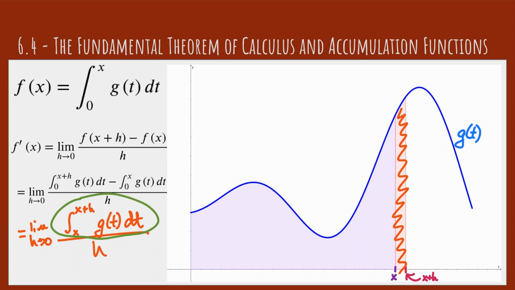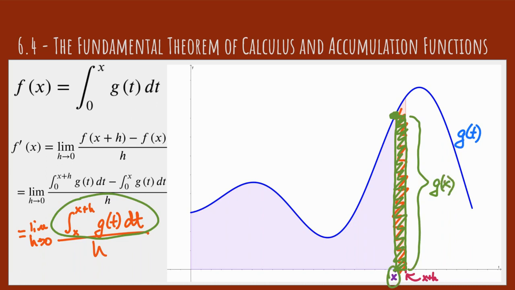I'm not going to go through an entire formal proof of this fundamental theorem, but if we look at that area right there, remember we approximated areas using rectangles, so I'm going to approximate it using this rectangle right here. Notice that I use the height of g of t here. So the height of that rectangle is going to be g of x, because the x coordinate is what we're plugging in there.